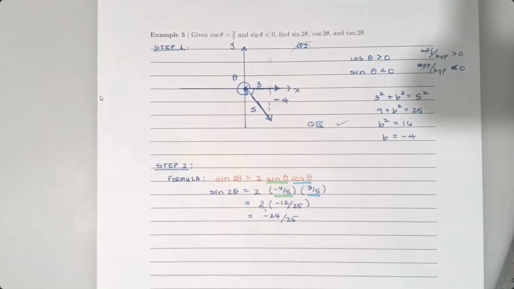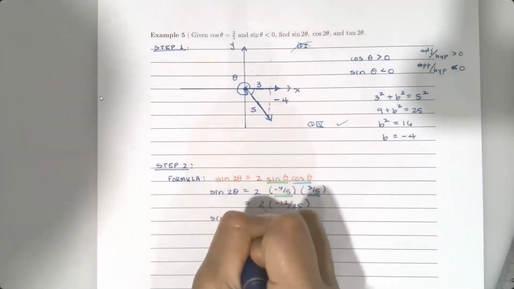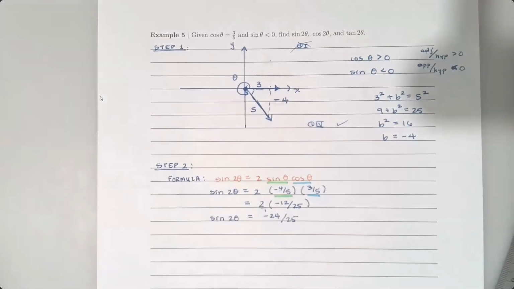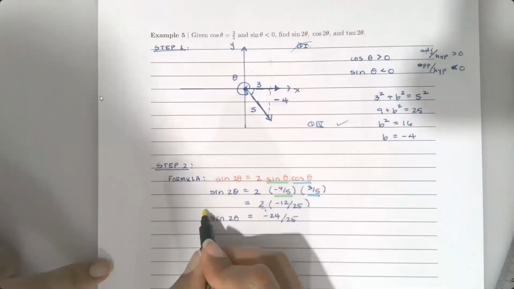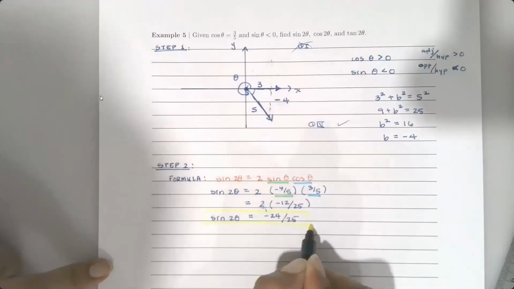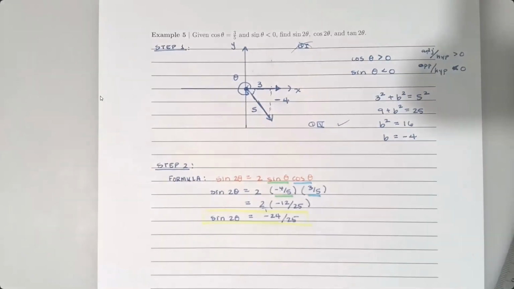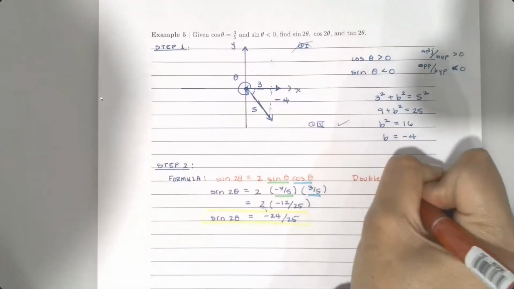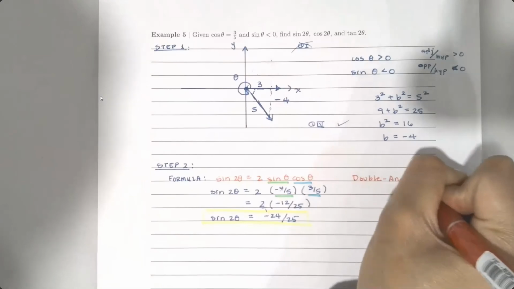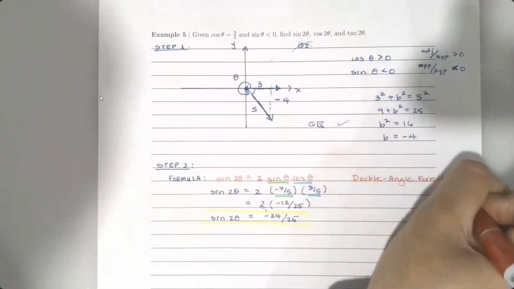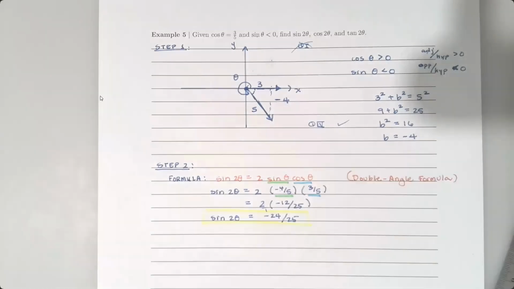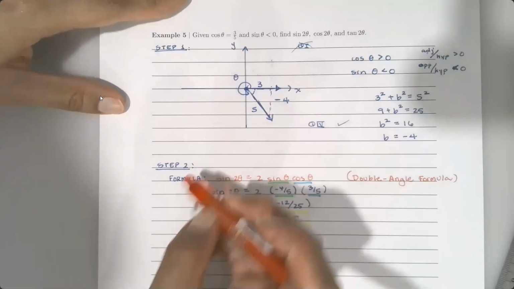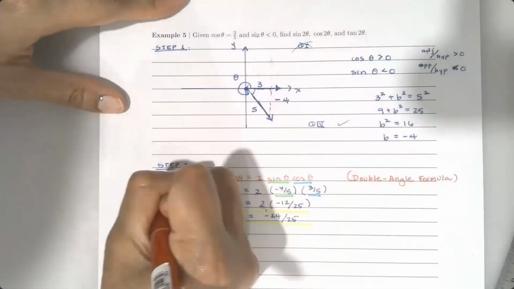So one of our answers, or one part, is that sine of 2 theta is equal to a -24 over 25. All right, so that's for sine 2 theta.